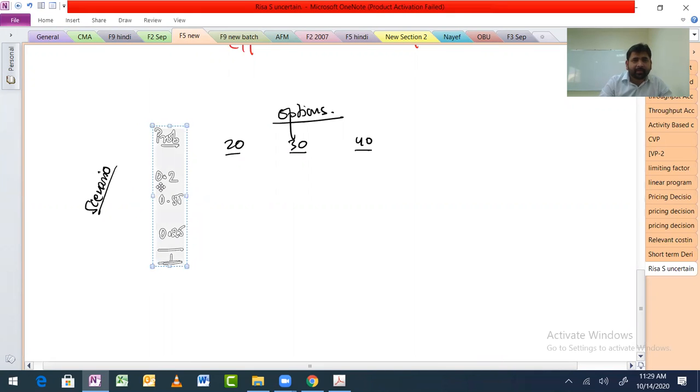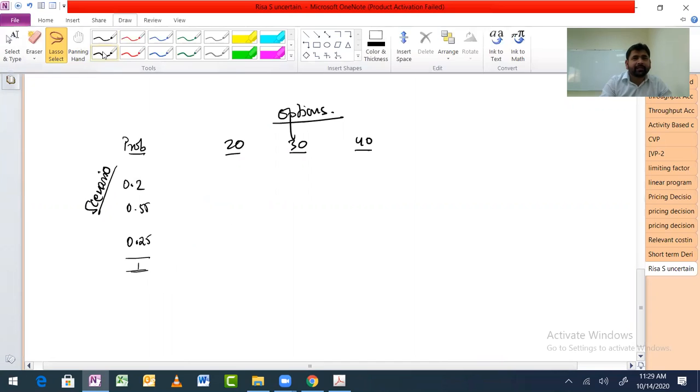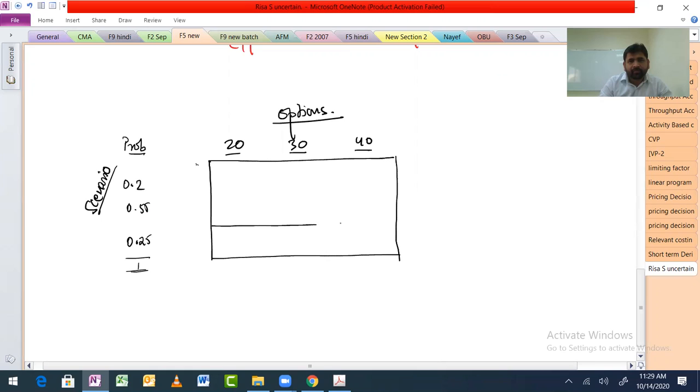I will keep the probability a little bit aside here. We are waiting for the scenarios, because once I get the scenario, then I will fill in this blank. So we need to fill this up, right? Only a few things are missing.